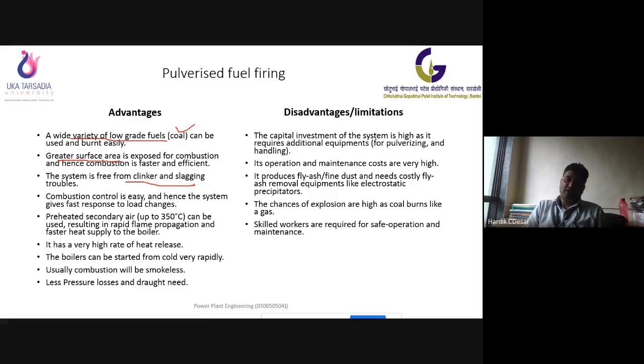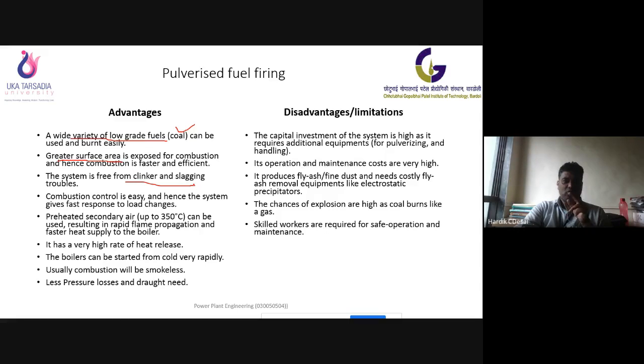There are some minerals within the coal, such as sodium, potassium, and calcium. When the coal ignites, it reacts with the air and water vapor, and it is converted into solid particles after it gets colder. This is called clinker.